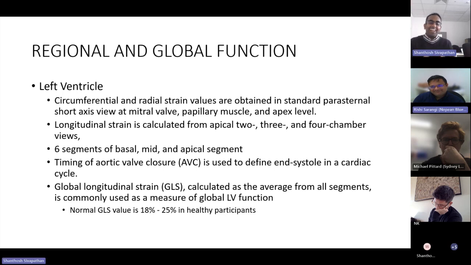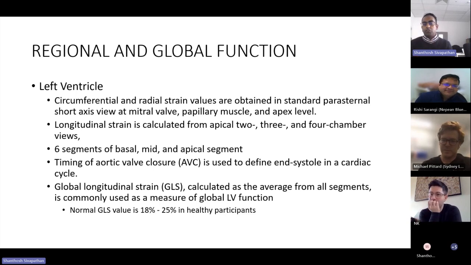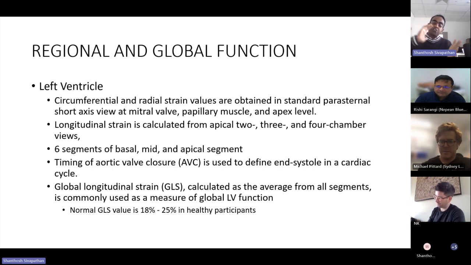But anyways, when we look at strain and do the calculation, normally it's anything more than minus 18 and to minus 25. Remember, we're looking at negative numbers, so the more negative, the better the strain. The reason is we're looking at the change in contraction.